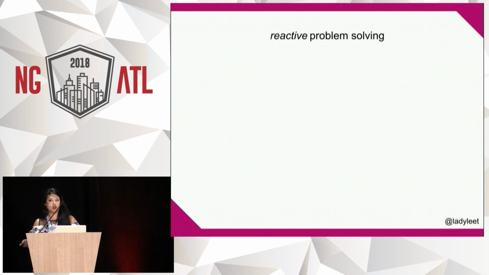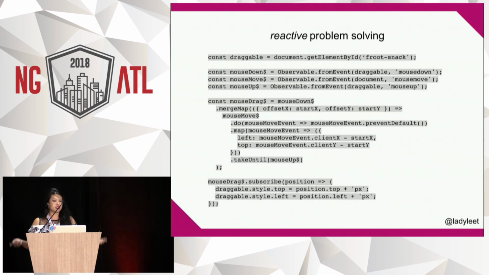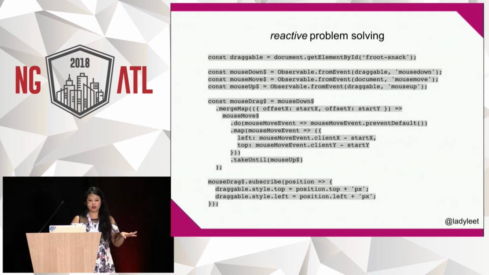But with reactive problem solving, you have a much more declarative approach, and you're able to compose things into steps with abstractions like RxJS. Here is a simple drag and drop that was implemented with RxJS in an Angular application. With very few simple lines of code, we're able to create something really complex.